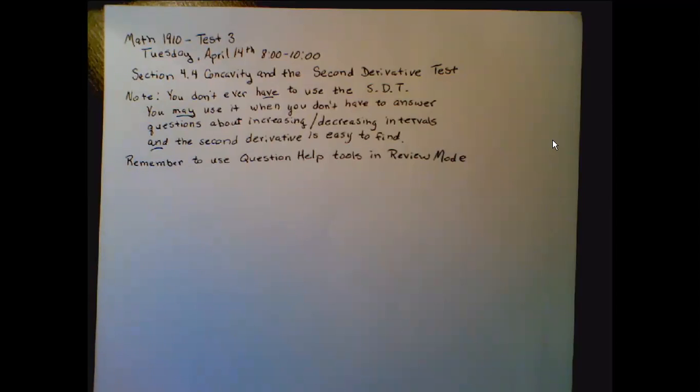Section 4.3 was on the first derivative test. You look at the first derivatives to answer questions about what? What can you tell by looking at the sign of the first derivative?